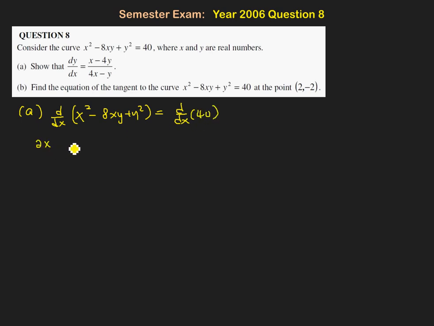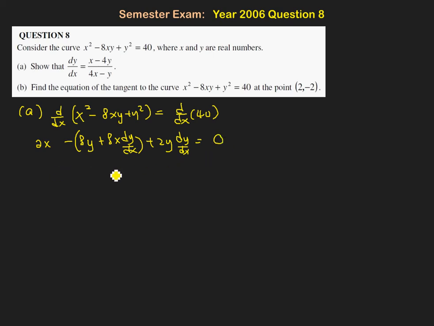You get 2x minus 8y minus 8x dy/dx plus 2y dy/dx. In case you have forgotten the implicit differentiation, please do your best to review this.